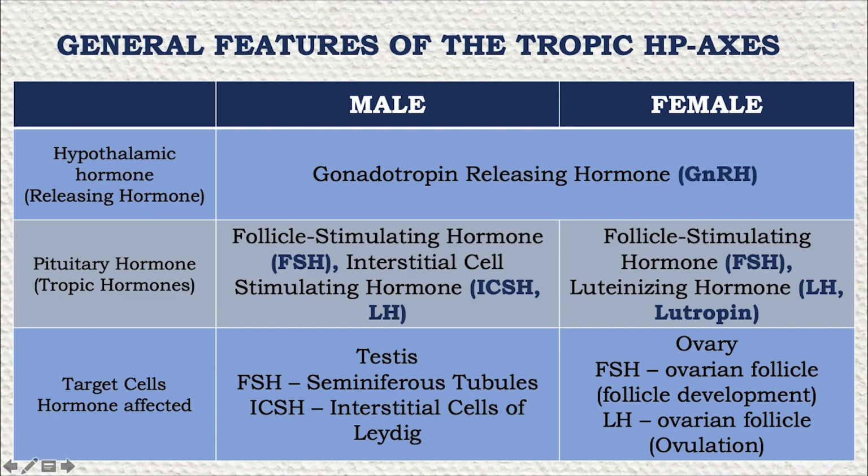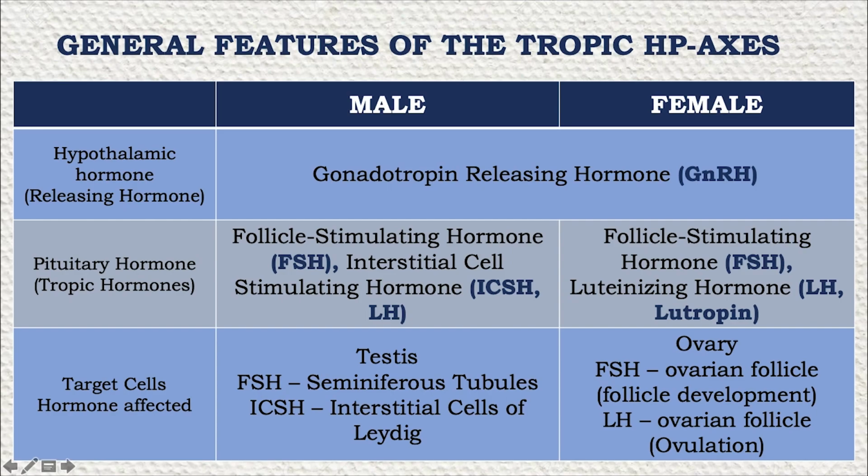Okay? So for both male and female, the follicle stimulating hormone is known as FSH, but for LH, in males, it is called the interstitial cell stimulating hormone, or ICSH. And for the female, it's simply known as luteinizing hormone.